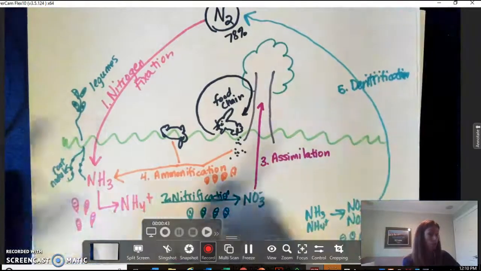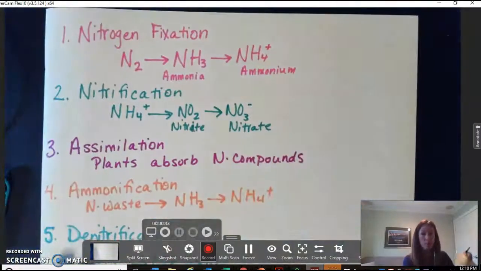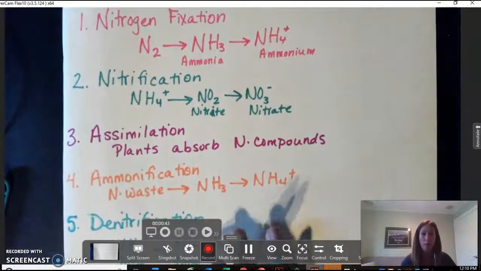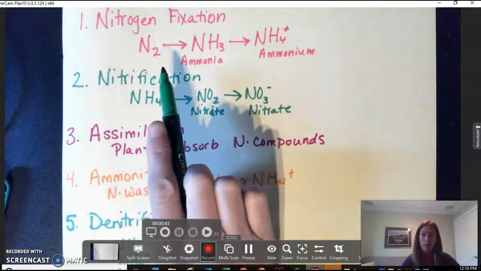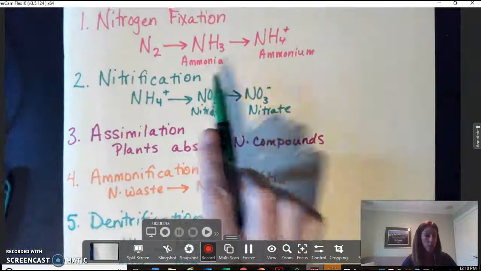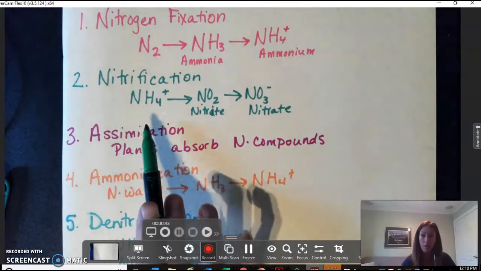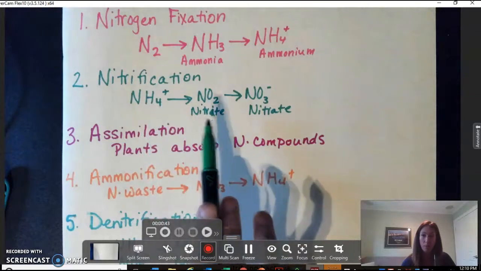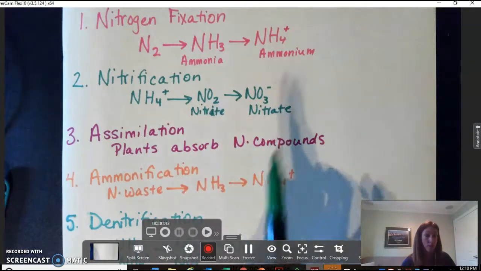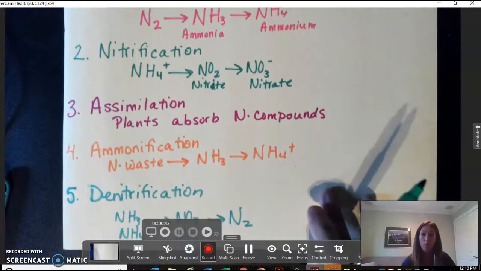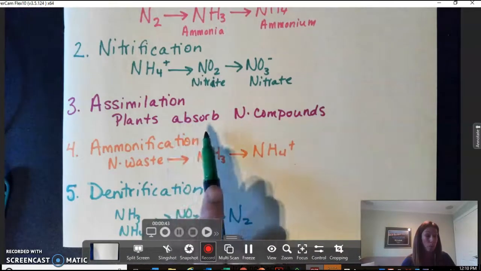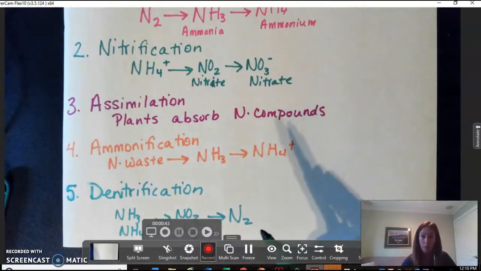So to summarize our 5 steps, we have nitrogen fixation. It takes that atmospheric nitrogen, converts it to ammonia, and then ammonium. We have nitrification, where it takes that ammonium, converts it to nitrites, and then nitrates. We have assimilation, where plants absorb those nitrogen compounds.